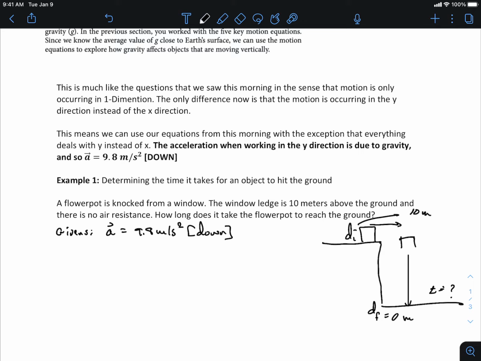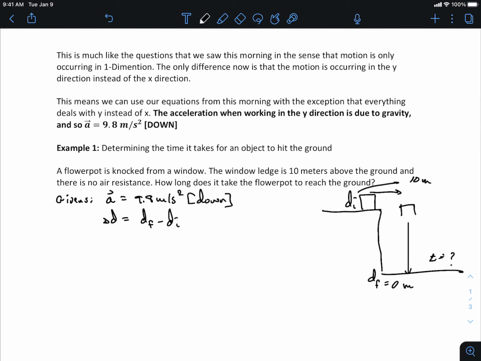And so when I find my change in height, or distance, we're going to find change in D is going to equal D final minus D initial, right? And what you're going to see, and this will come up a couple times because it ends up messing with the signs a little bit sometimes, right? But this is why it is the way it is, right? So D final is going to be 0 minus 10.